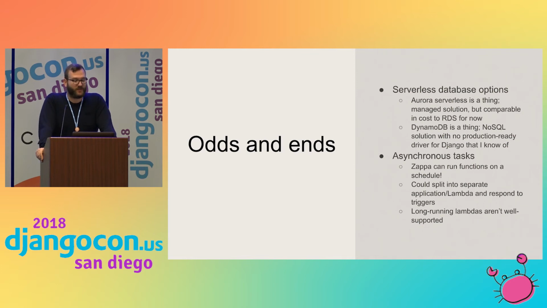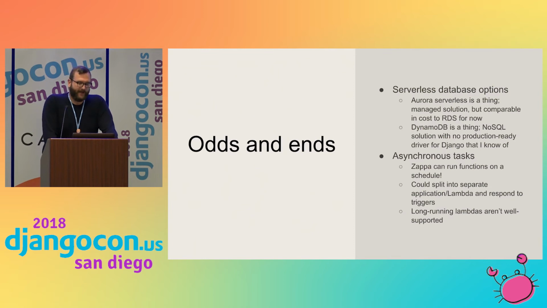There's also DynamoDB, but that's a NoSQL solution, and at least at the time of writing this talk, I don't know of any production-ready drivers for Django for using DynamoDB. There are a couple of other options out there that are not necessarily Django specific, that are also not relational databases, but might still persist data for you in a way that's useful to you.